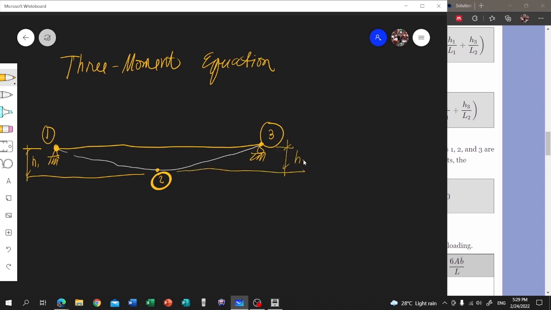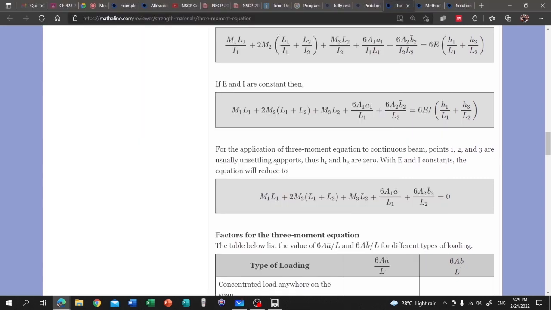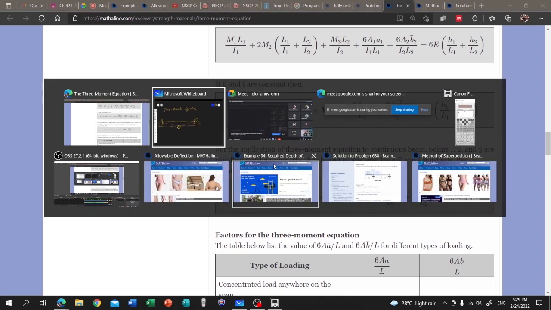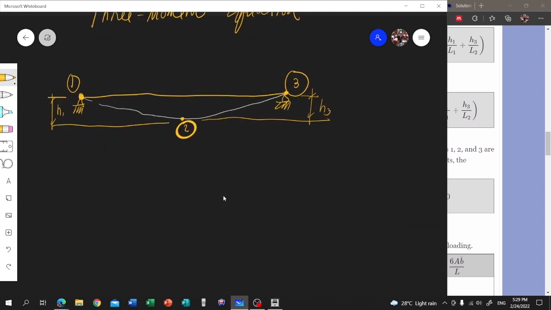This is your H3. That's why if you read again, for the application of three-moment equation to continuous beam, points 1, 2, and 3 are usually unsettling support, but not always ha. Ano ibig sabihin dida? Usually daw, kung continuous beam, this is your unyielding support. Diba?